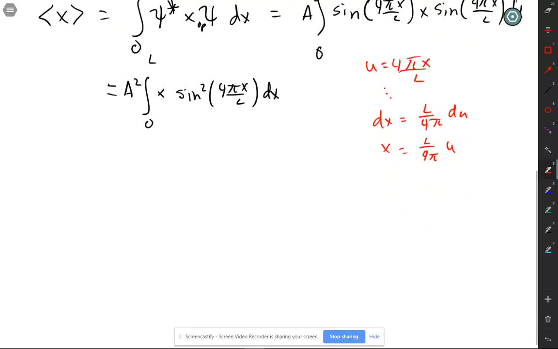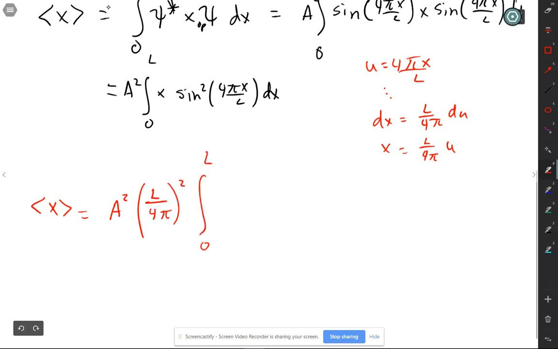And so my integral becomes, now let me emphasize here, this L over 4 pi squared comes because I had an x, which has this, times a dx, which has that.